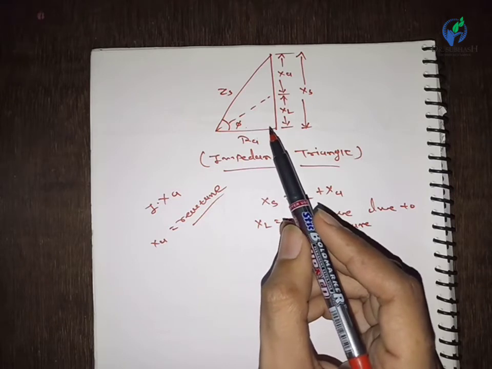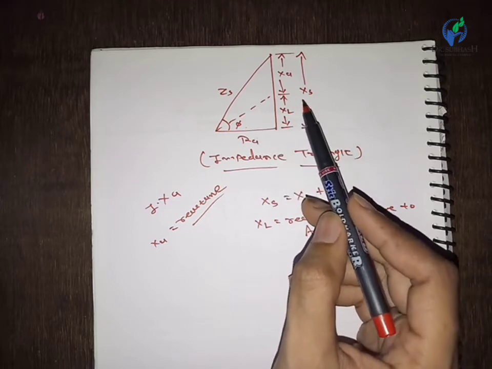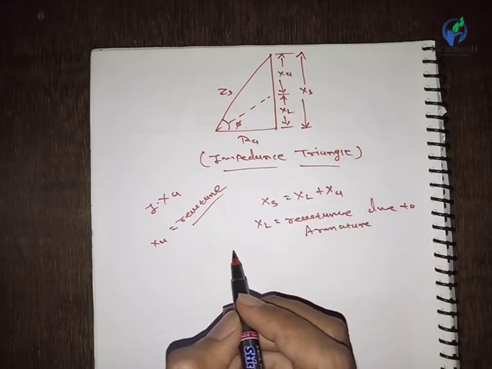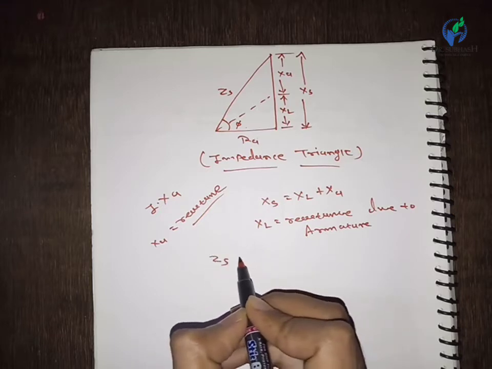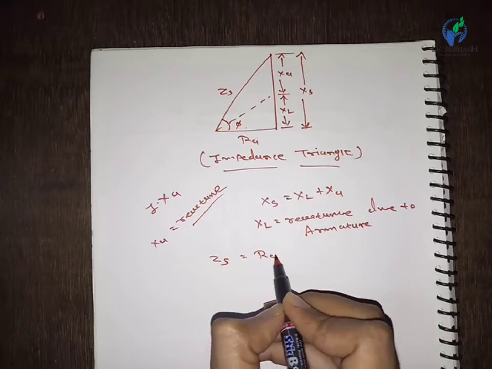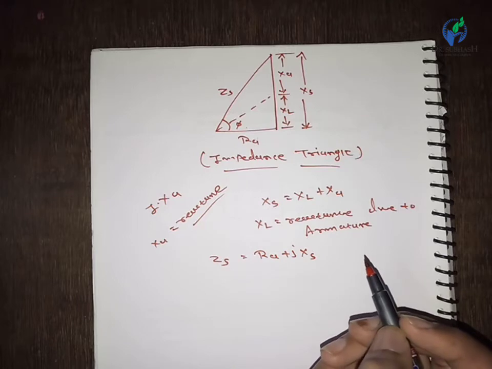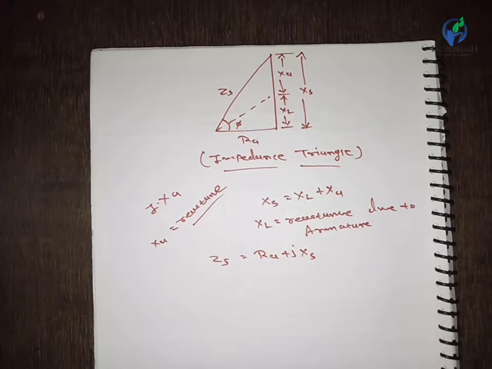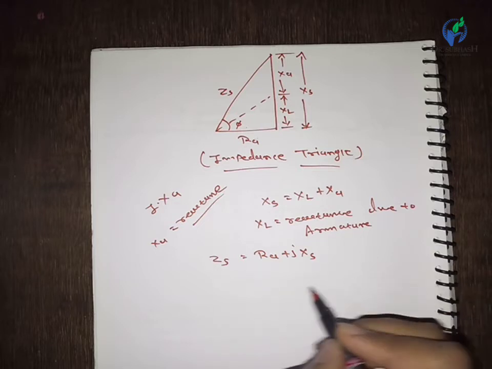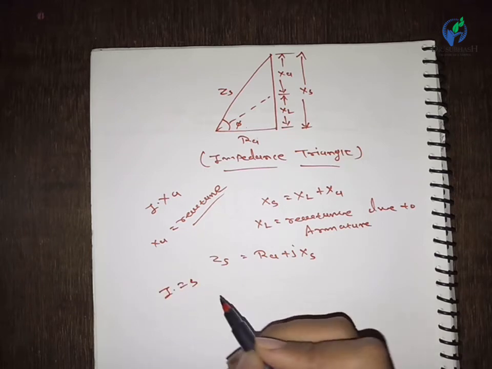So we can write ZS is equal to RA plus jXS. The drop due to the synchronous impedance is represented as I into ZS.